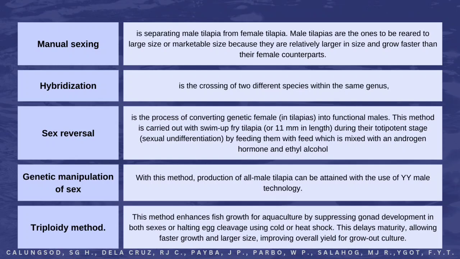Example for the triploidy method in trout and oyster farming: triploidy is induced by exposing fertilized eggs to temperature shocks, pressure, or chemicals like cytochalasin B. Triploid fish have three sets of chromosomes instead of two, making them sterile and preventing unwanted reproduction while maintaining rapid growth.